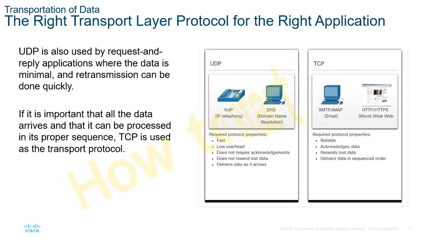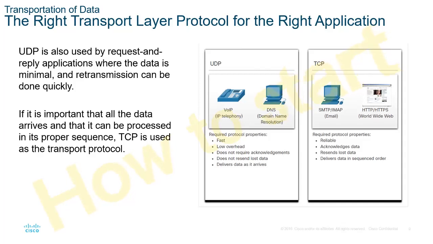UDP is really good for things that require real-time traffic. The low overhead allows UDP to send data faster, even though it's not as reliable. If you need reliability, it's going to be TCP.